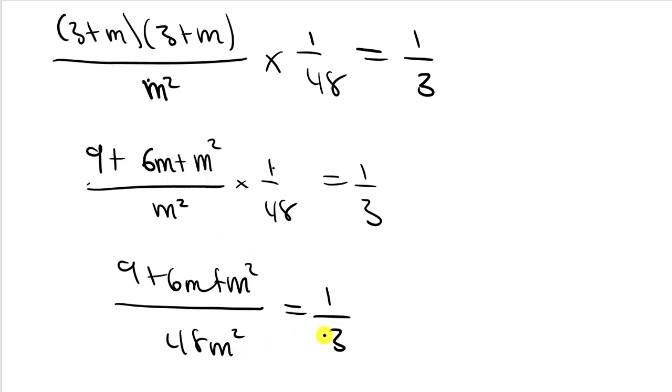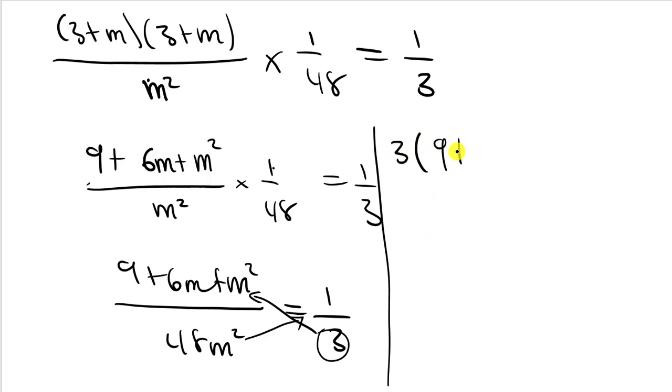So this 3 is going to multiply everything here, and then the 48 m squared is also going to multiply everything here. All right. So we are going to get 3 multiplying the 9 plus 6m plus m squared is equal to 48 multiplying the 1. That is the 48m squared. So we are going to get the same 48m squared.